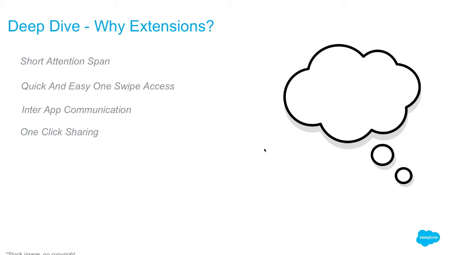They want to open it, see the data they need, do the transaction they do, and be done with it. So it's important that they get easy access to be able to perform these transactions, look up the data, and that's where extensions come in. So you can just do a single tap on the Today view. You can view things like your dashboards, reports, pending tasks, and I'll come to examples later as well.